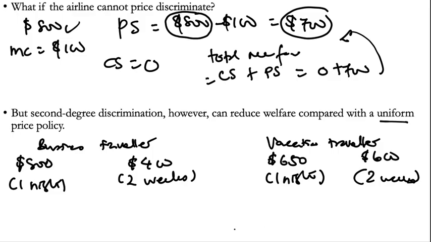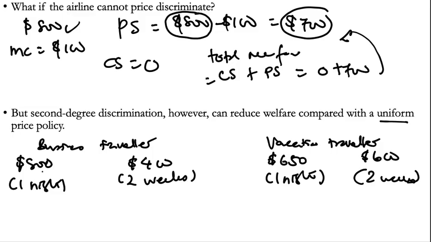Now from this, let's say the airline company wants to discriminate between these two travelers. Without discrimination, we haven't talked about discrimination, what price will the airline charge?